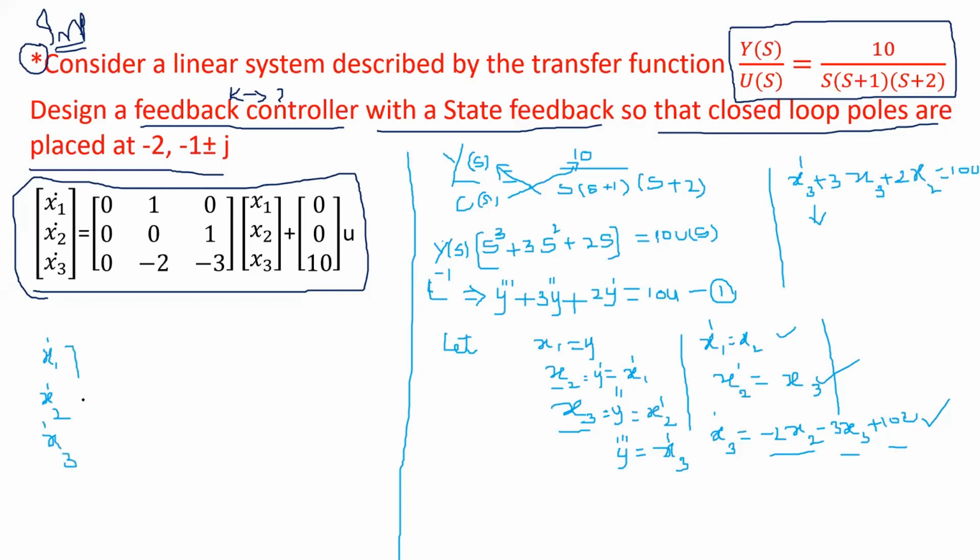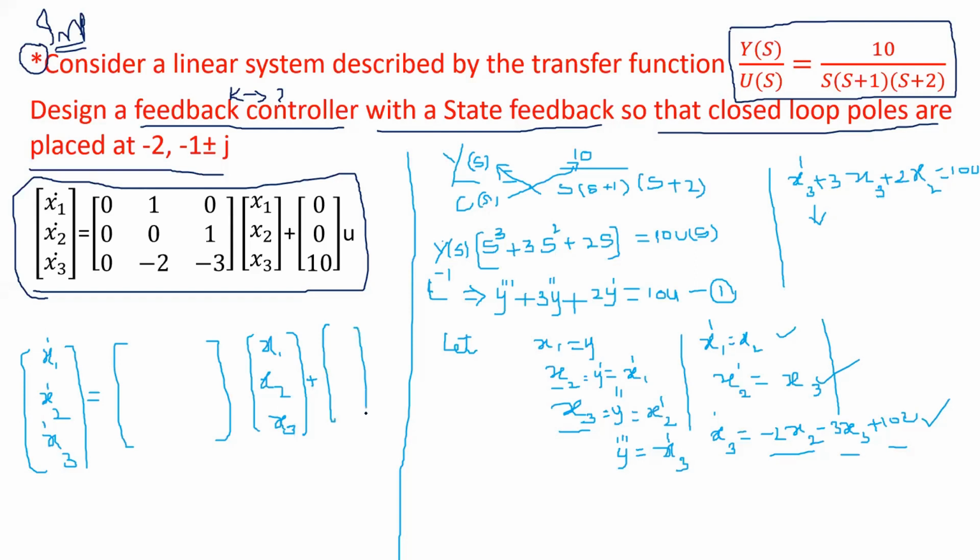This matrix is equal to, this is a matrix A that I need to find, and this matrix is multiplied with the state variables x1, x2 and x3, plus the matrix B that I need to find, multiplied with the input u.